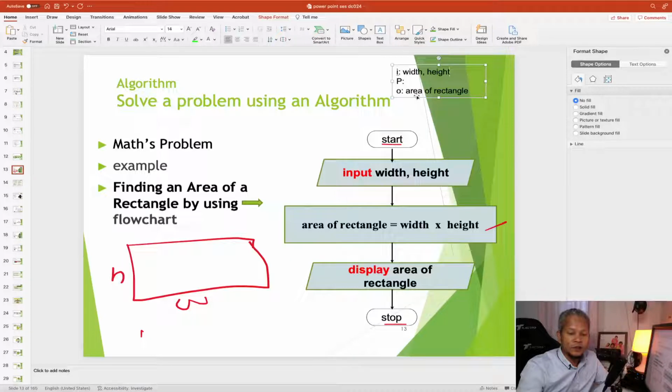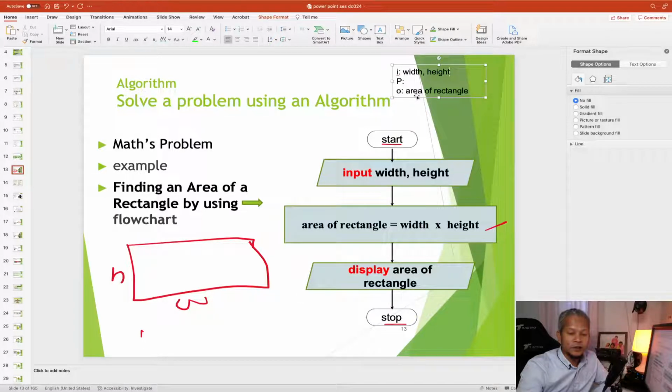So you use the same spelling, the same word as the output variable, based on width and height. Okay, done. So this is our guideline, because before this step, using the algorithm, we do the problem analysis. So IPO is inside the problem analysis.